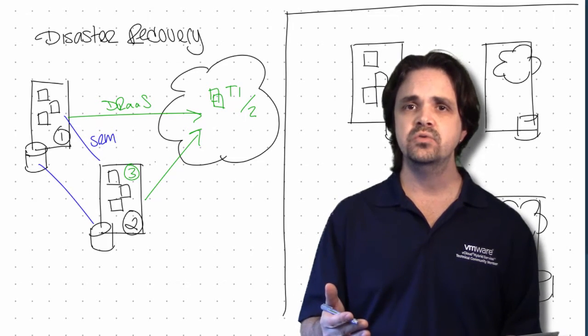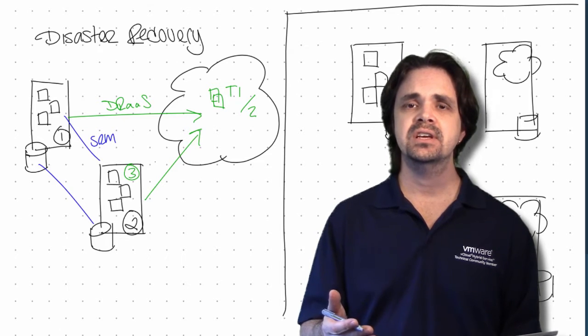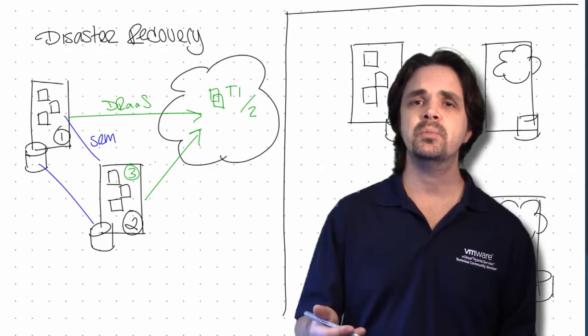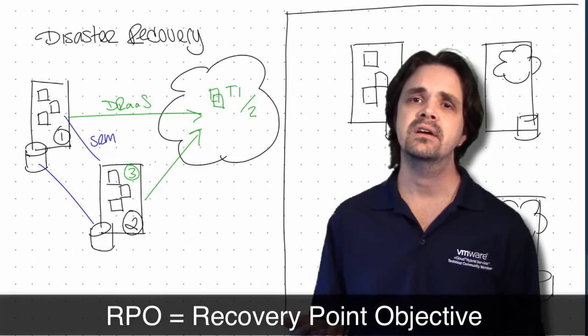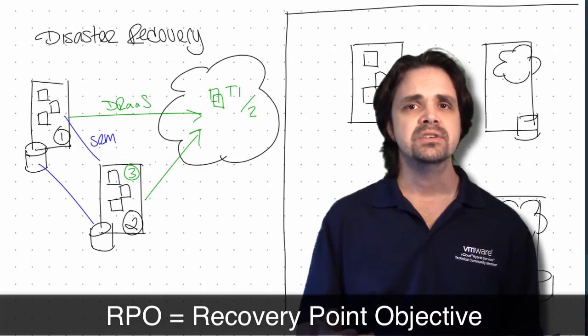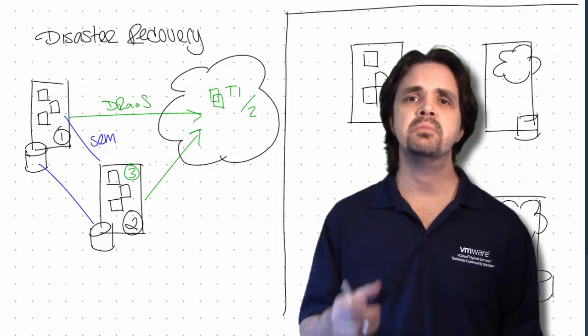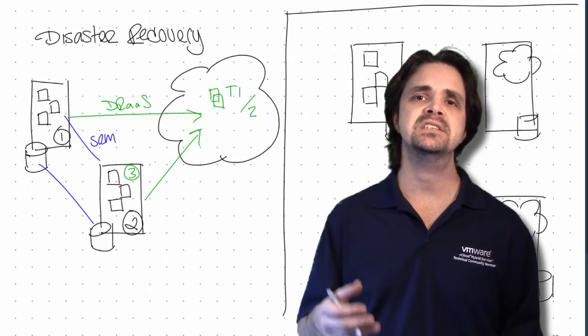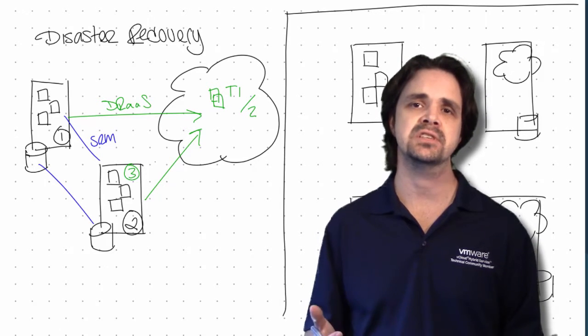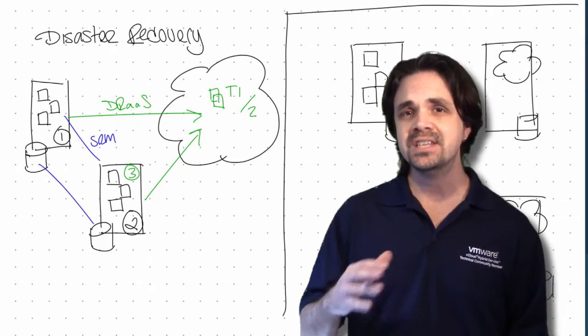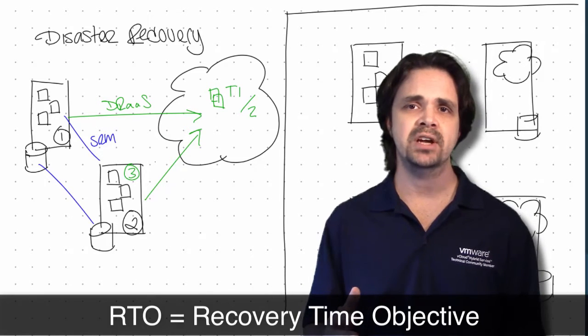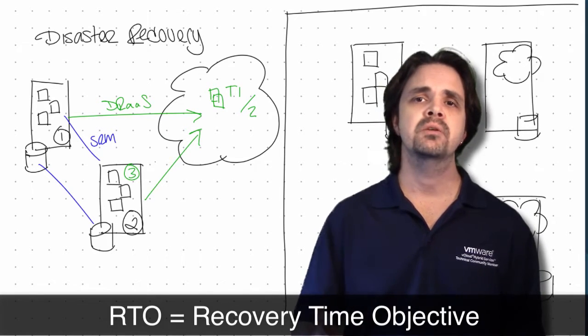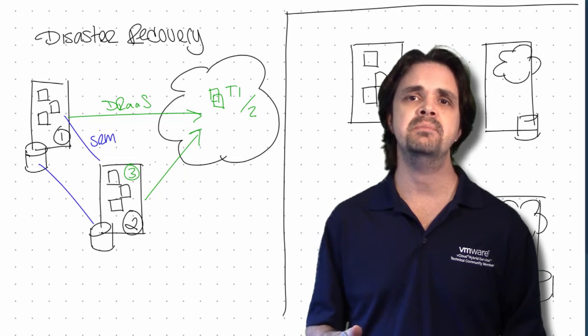The simple way to clue into that conversation is simply to ask them what their RPO and RTO are. RPO stands for Recovery Point Objective, the point in time at which data needs to be restored in order to meet a service level agreement. RTO is your Recovery Time Objective. How long before these resources can be back online?